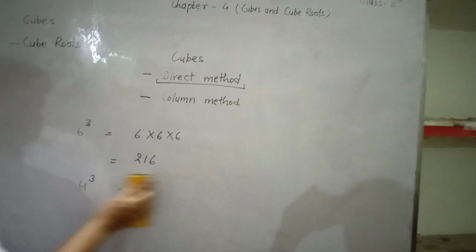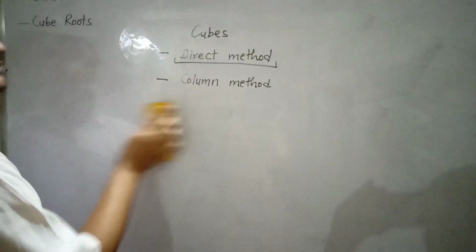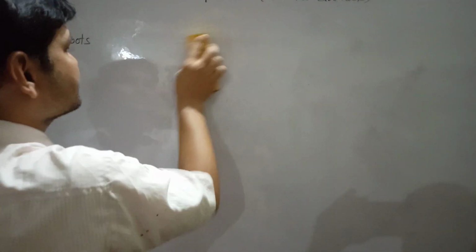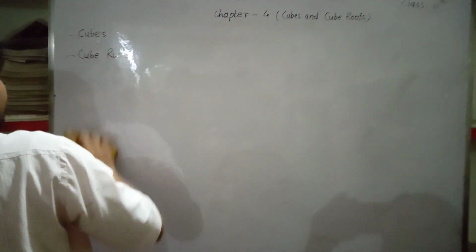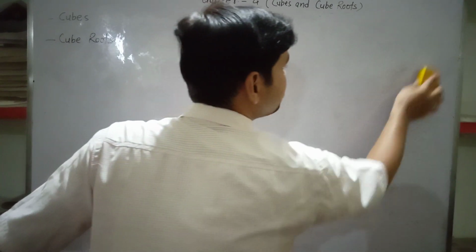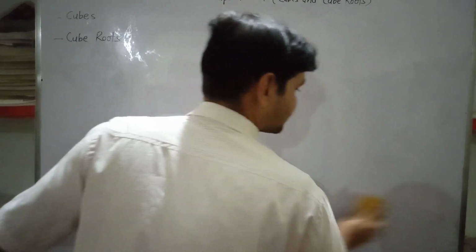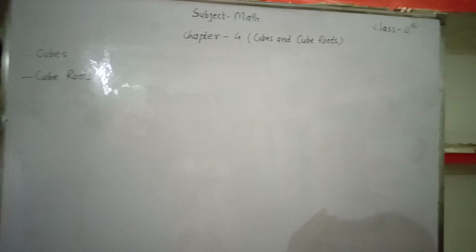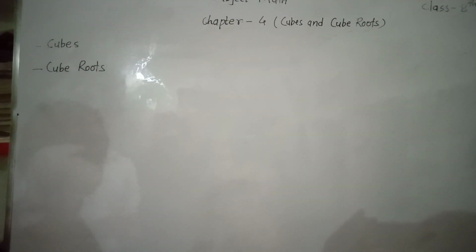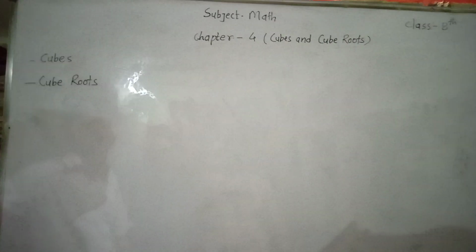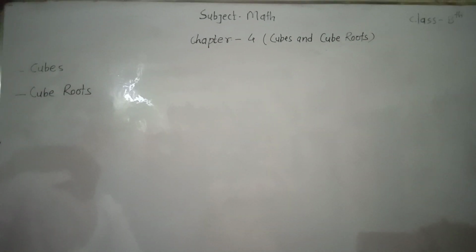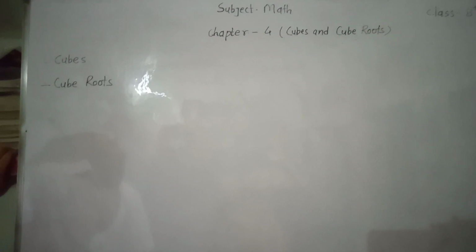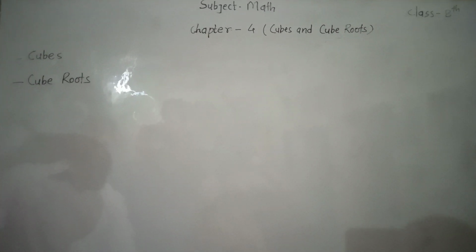Now we will discuss the column method. So look here very carefully, because the column method is different from the direct method. We already discussed the column method in the previous chapter, square and square root, but the column method for finding the square and the column method for finding the cubes are different.